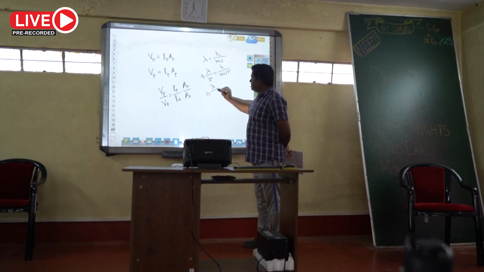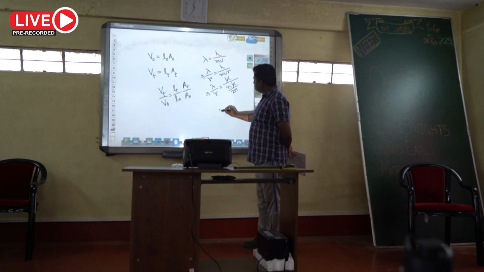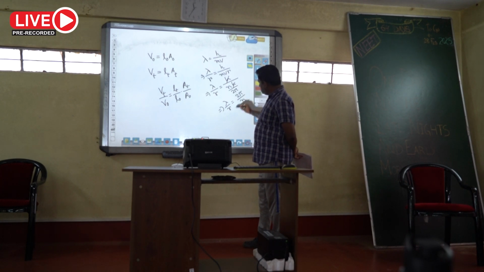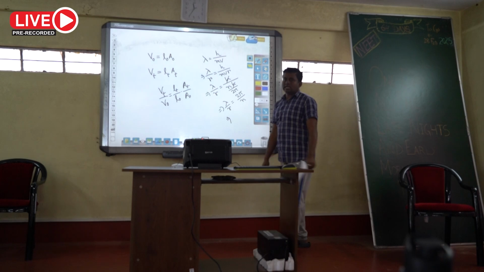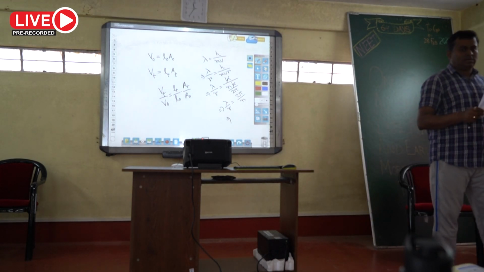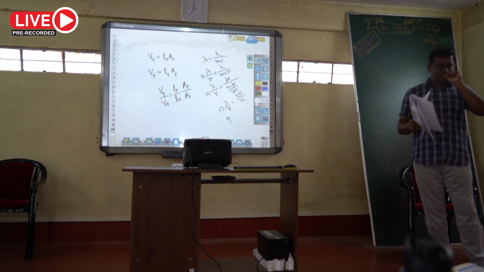So it will be lambda by r equal to h divided by nh by 2 pi. So h cancels. So lambda by r will become 2 pi by n. And then the answer is n by 2 pi, because the r by lambda ratio is required. So the answer is n by 2 pi.